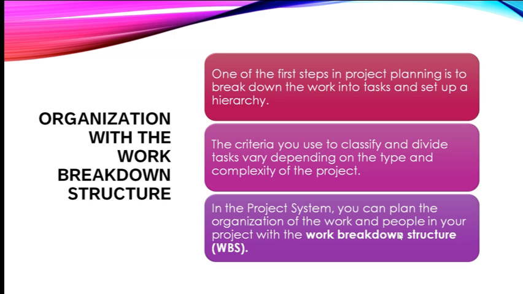Under so-and-so department, so-and-so department, we can break down into the WBS. And under the WBS we can have X person, Y person, Z person, if I want to see the structure person-wise.